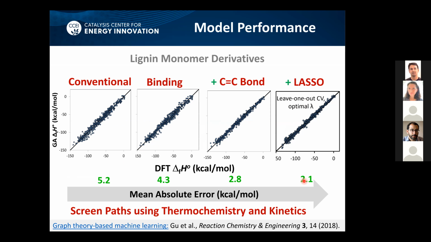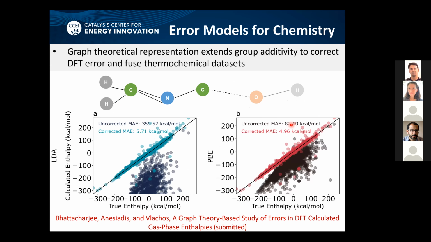Still, this error is large. We like to get it down to below 1 kcal per mole if possible, right? But you can see how my expert knowledge, physics, together with machine learning approaches, start actually bringing automation, unsupervised selection of descriptors, and more accuracy in the process.